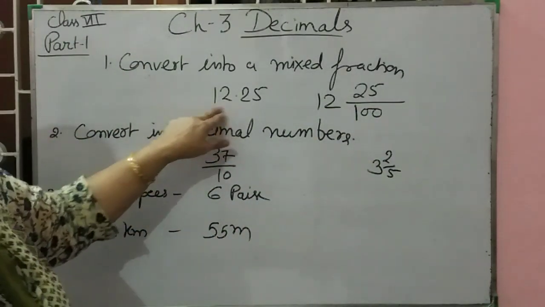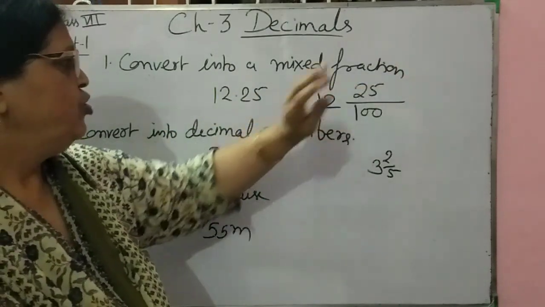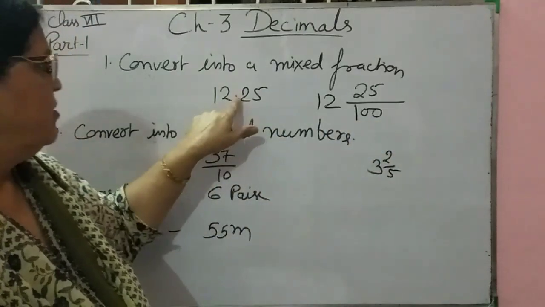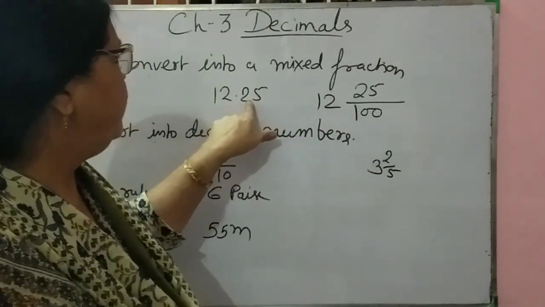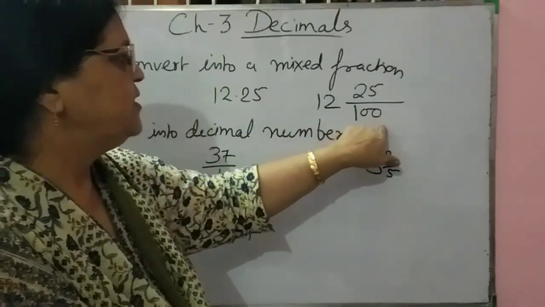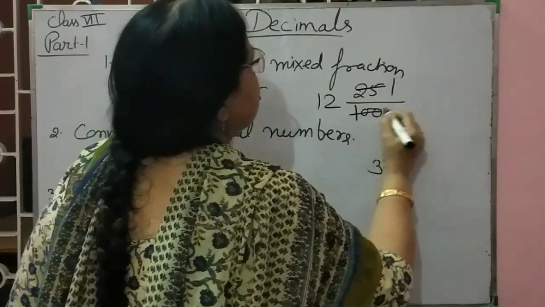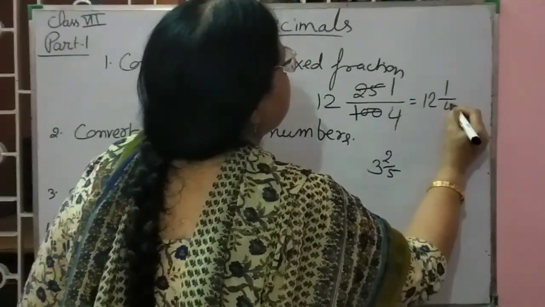Again, 12 is whole number, 25 numerator and denominator. Decimal point की जगह आपको 1 रखना है. How many digits? 1, 2. 2 digits are here. Now cut this number. 25 ones are equal to 12 1 by 4.